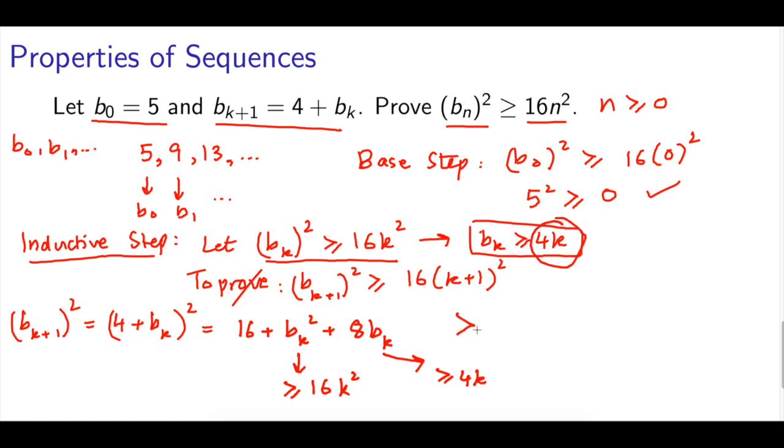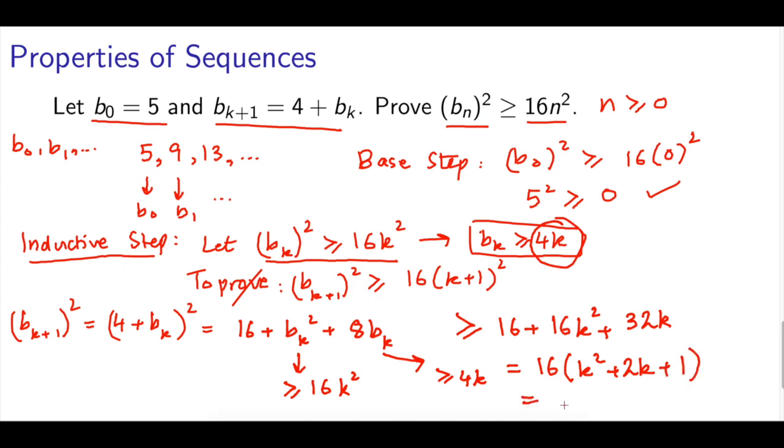So we can say this whole thing is greater than 16 plus 16k squared plus 32k, right? So I can say 16 times k squared plus 2k plus 1, which is equal to 16 times k plus 1 squared, which is the right hand side.